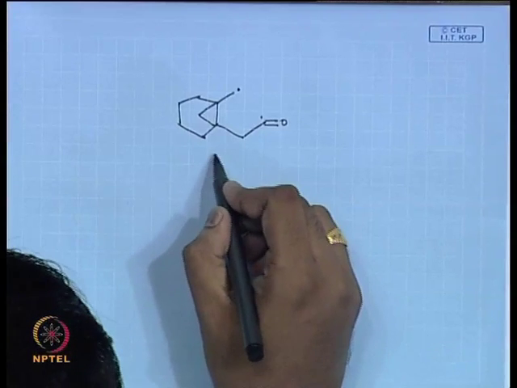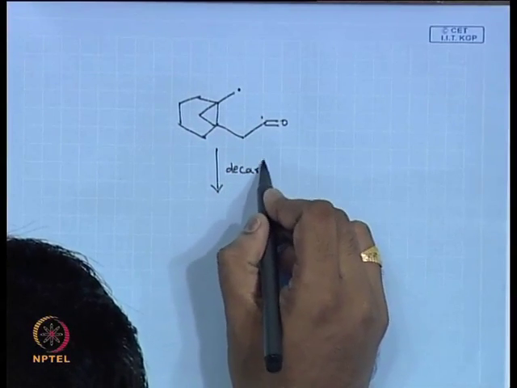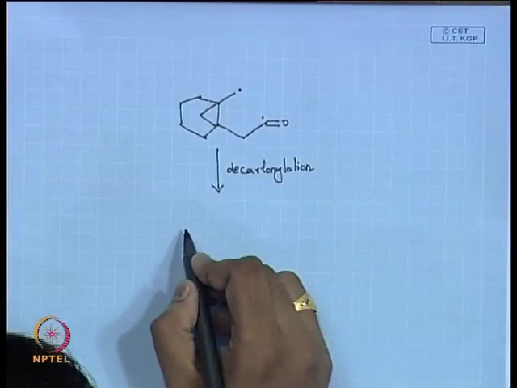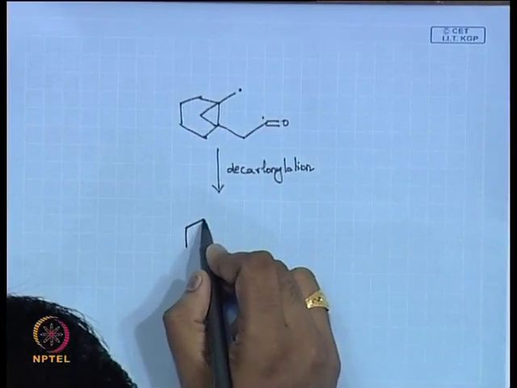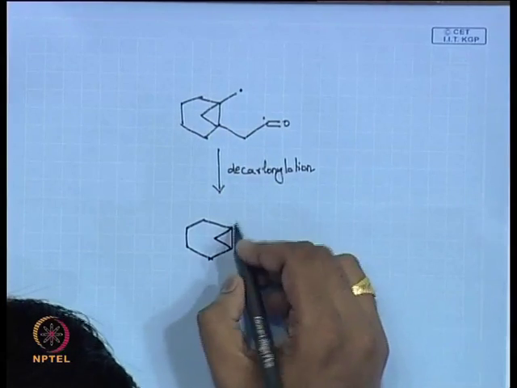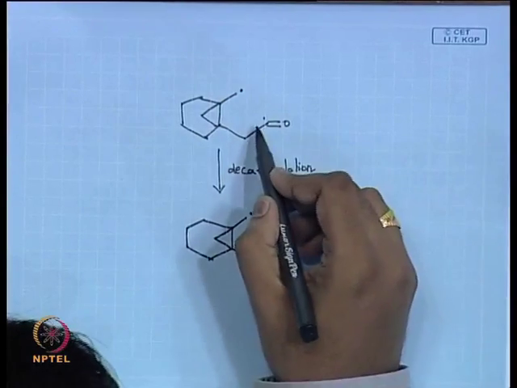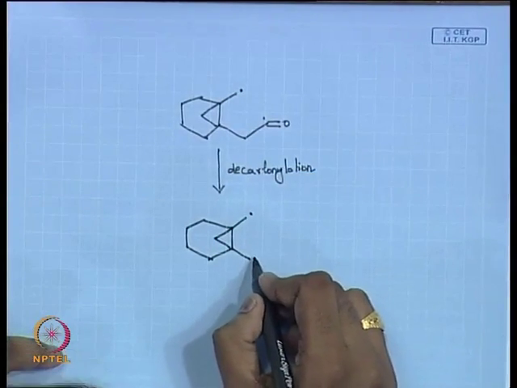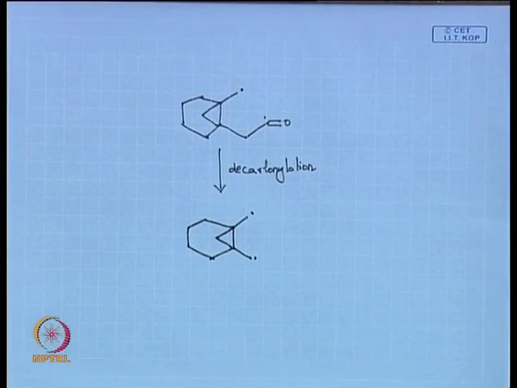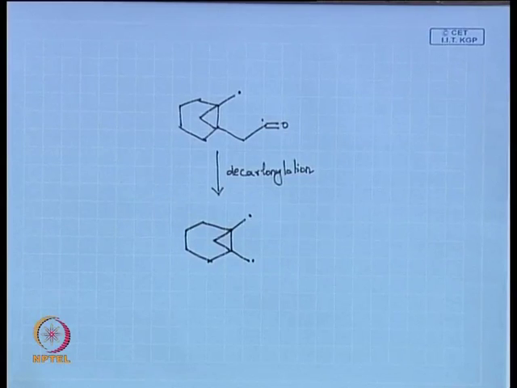So, it can then give you a system like this. So, you get a radical system, right.